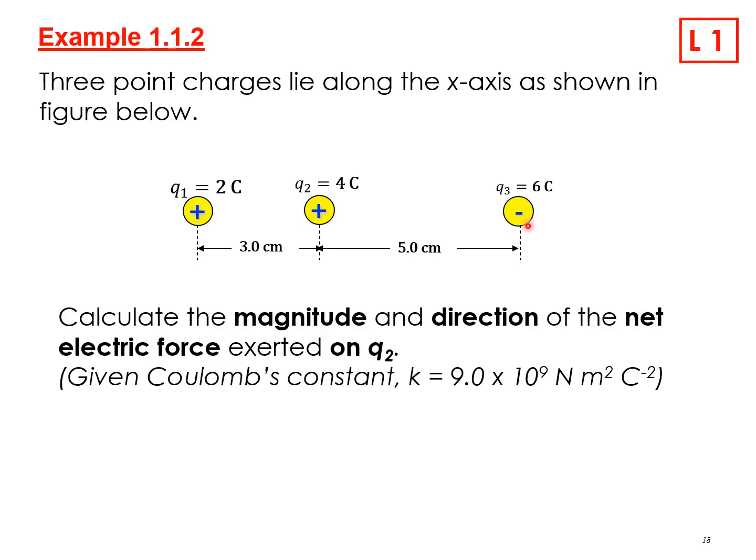Charge 3 is a negative charge, 6 Coulomb. Separation between Q1 and Q2 is 3 cm, separation between Q2 and Q3 is 5 cm, and separation between charge 1 and charge 3 is 8 cm.